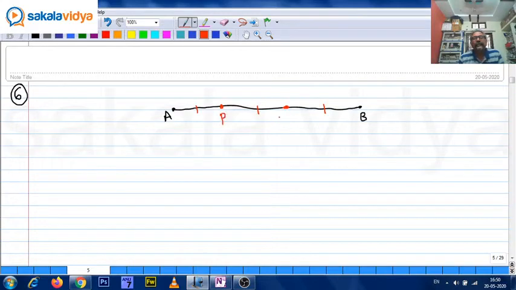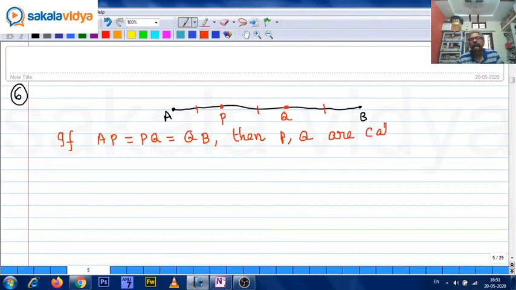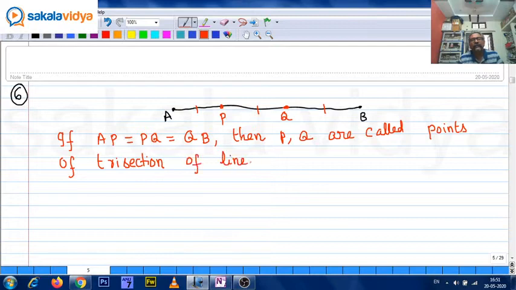Say this point is P and this point is Q. So if AP equals PQ equals QB, then P and Q are called points of trisection of line segment AB.